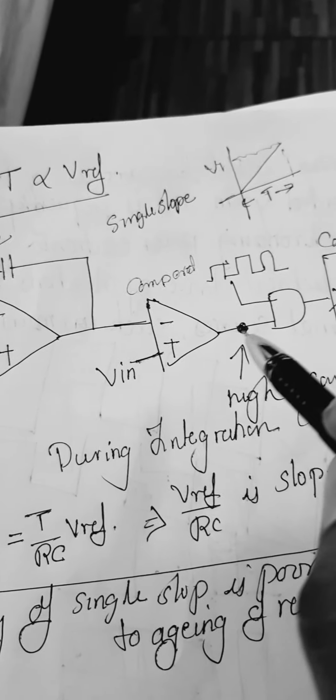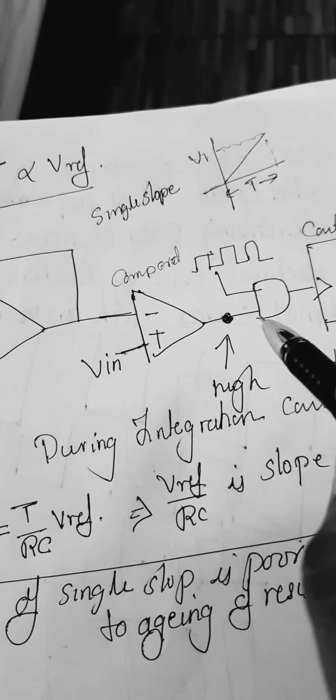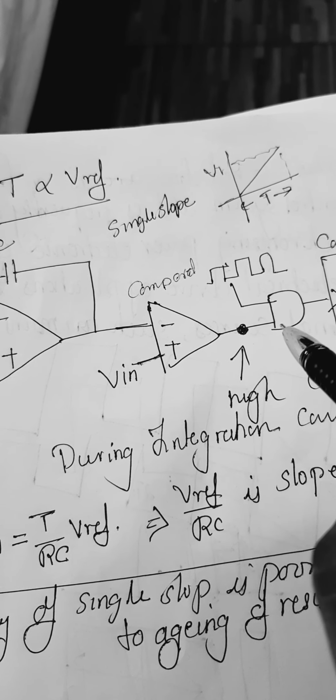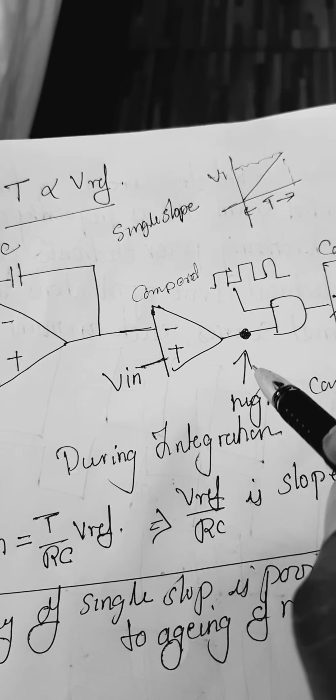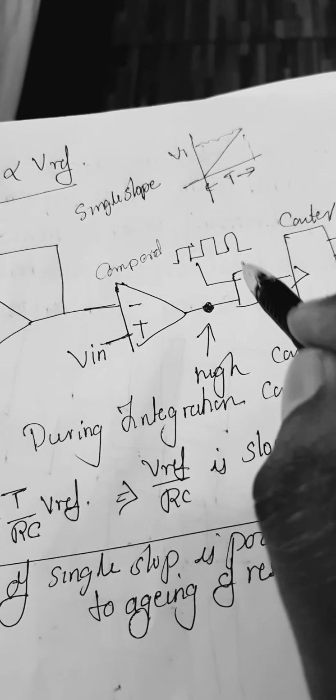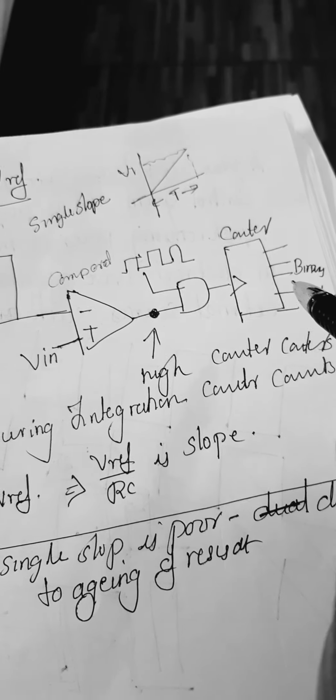Now the output of this comparator is connected to this AND gate. When it is high, the clock pulse is given to the counter and it starts counting.